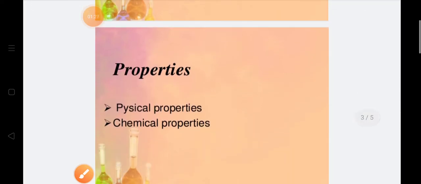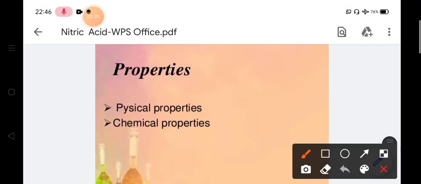As you know, almost all compounds have two kinds of properties: physical properties and chemical properties. The physical property deals with the outer structure and outer behavioral changes of a molecule, but the chemical properties contain all the reactions that the chemical undergoes.